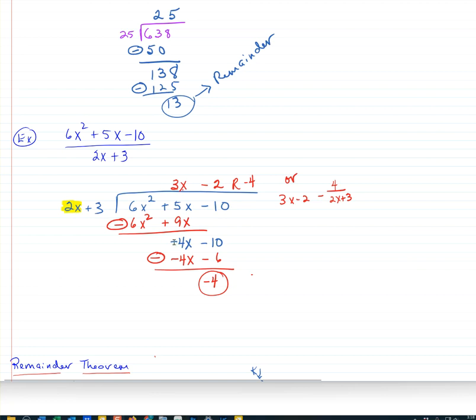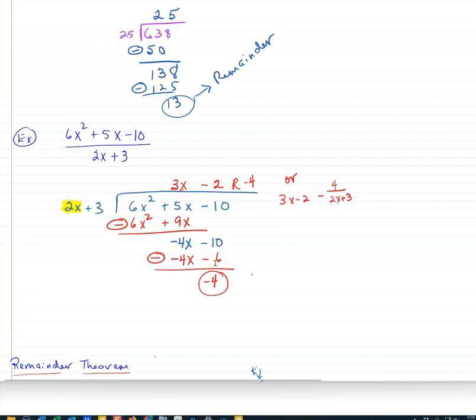Now 2x into a negative 4x just goes negative 2. Multiply negative 2 by this. I get negative 4x, and then negative 2 times 3 is negative 6. I'm subtracting all of this, so I've got two negatives here. So when you do that, it's negative 10 minus a negative.